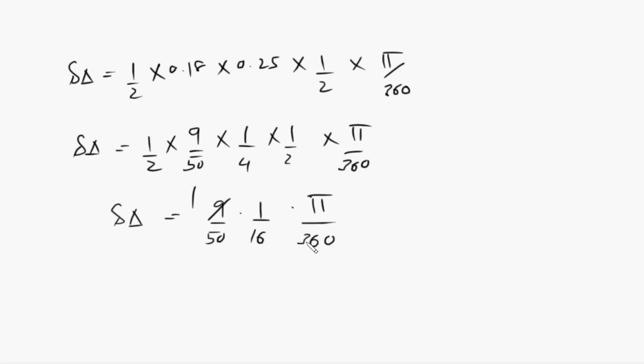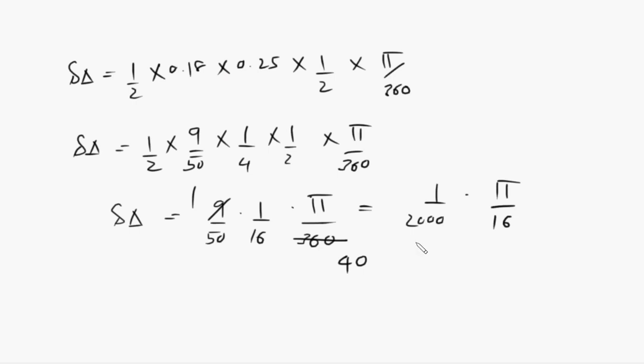So by 9 is 1, and by 9 is 40. So what do we have now? 50 times 40 will just be 1/2000 times pi over 16. Something like that.